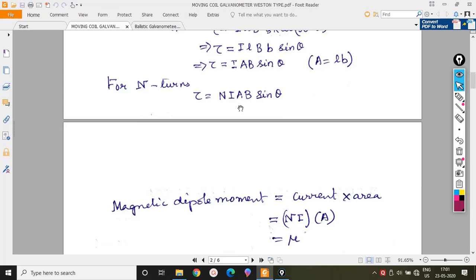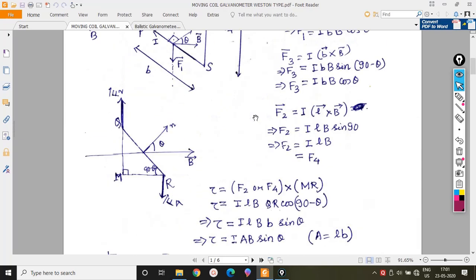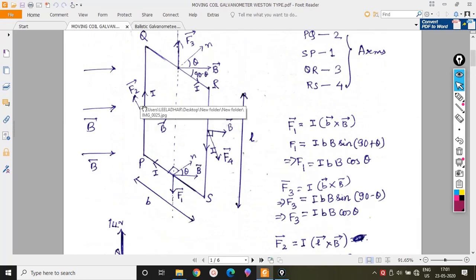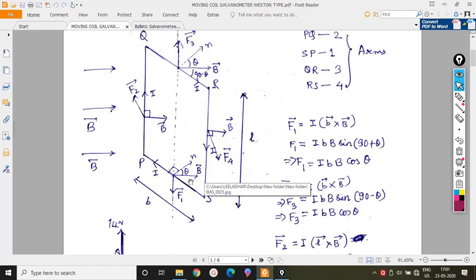Which type of galvanometer? It will be the moving coil type galvanometer. The basic principle of a moving coil galvanometer is that you have a coil like this one. Once you put it in a magnetic field and send a current through it, it will get deflected.